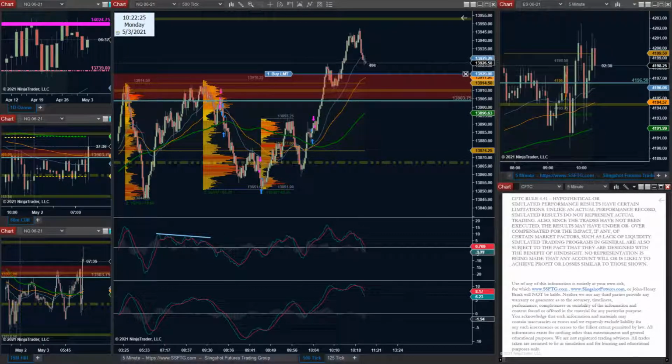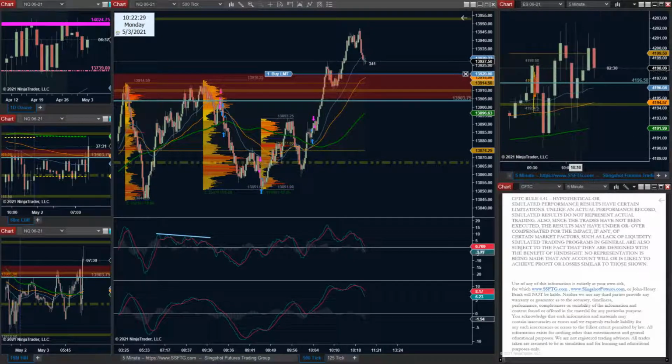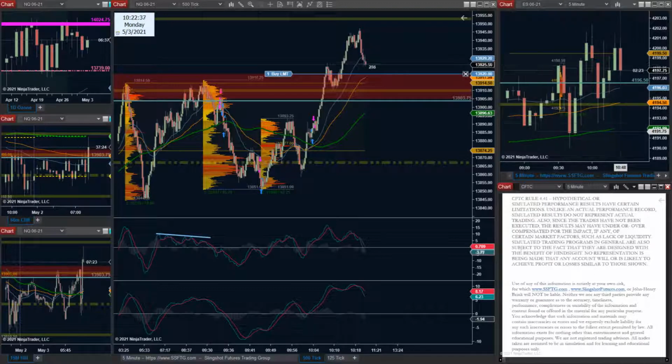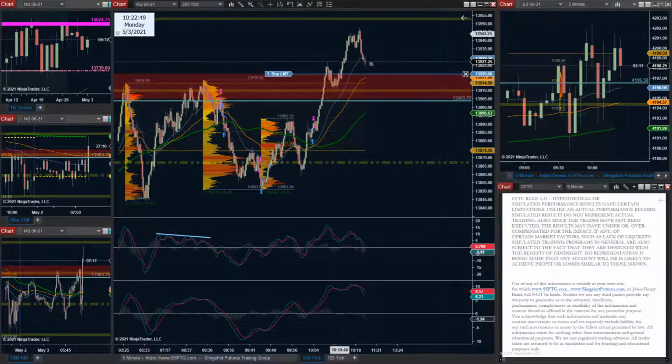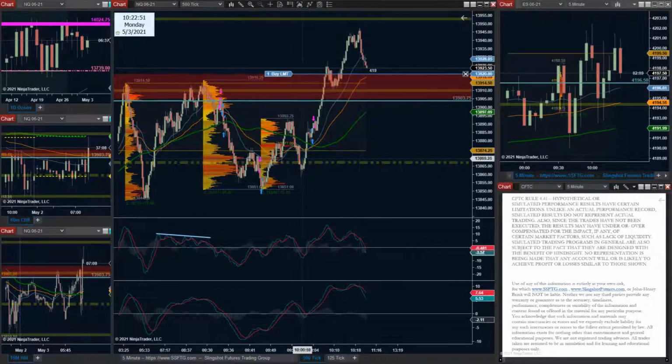I've had some decent movement so far. There we go. They're getting close. 920s.